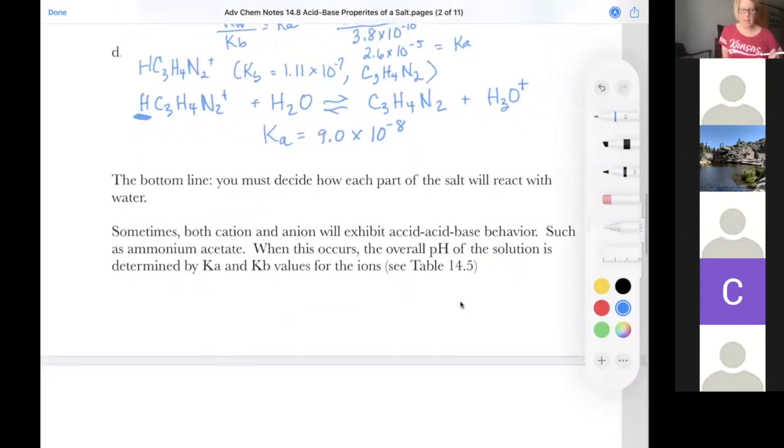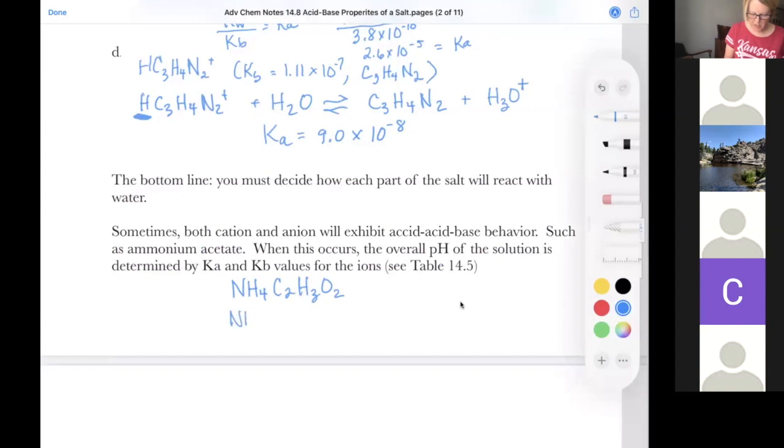The bottom line on these is you have to decide how each part, the cation and the anion of the salt, will react with water. Sometimes you actually have cases where both the cation and anion exhibit acid-base behavior. Oh, there's another lovely typo. Such as ammonium acetate, which is NH4C2H3O2.